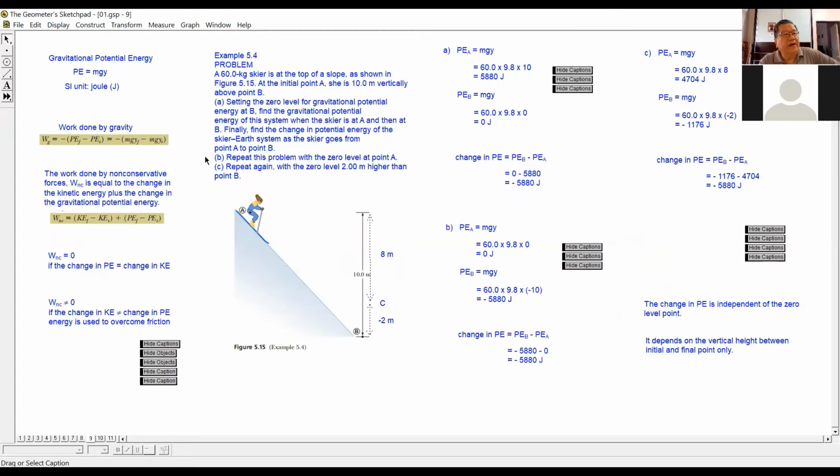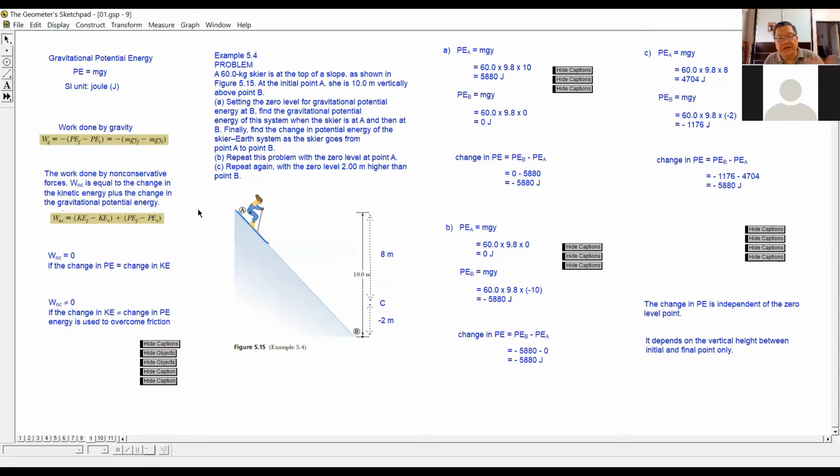In this next section, we are going to look at gravitational potential energy and the conversion of gravitational potential energy to kinetic energy. In this case, they assume that the frictional force is negligible.